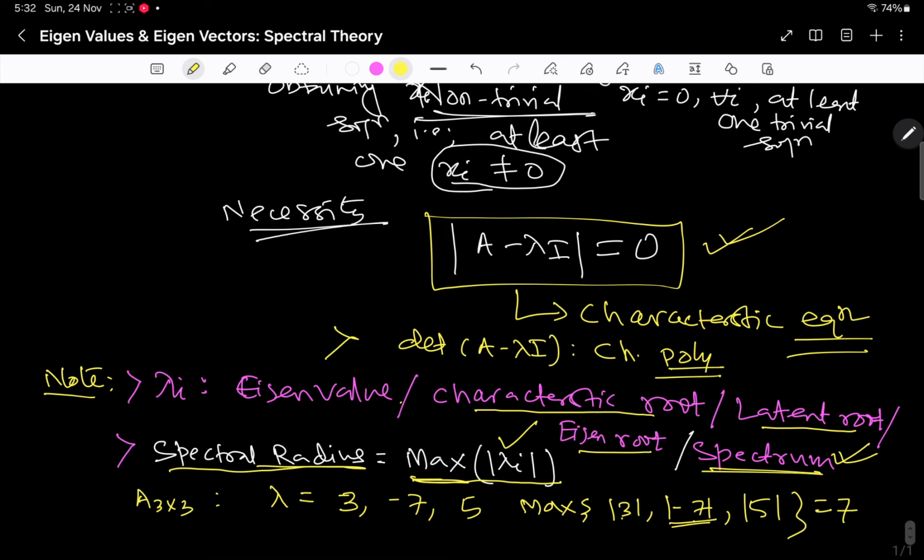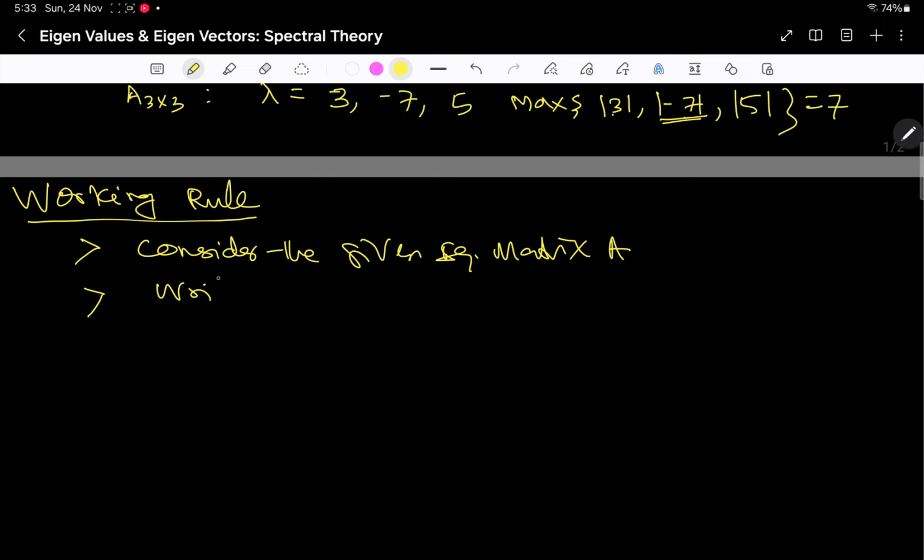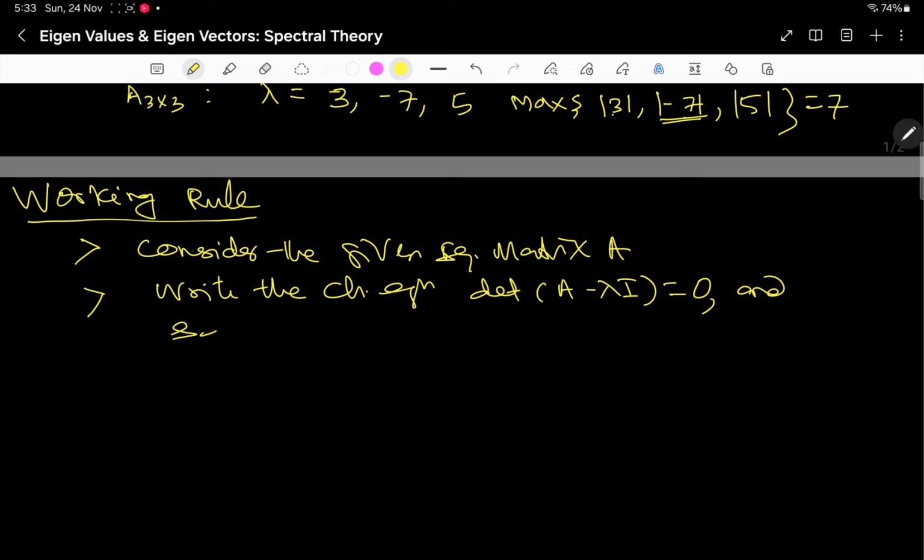Now let us see the working rule. Consider the given square matrix A. Next, write the characteristic equation, determinant of A minus lambda I equal to 0, and solve it to find the eigenvalues lambda equal to lambda 1, lambda 2, up to lambda n.